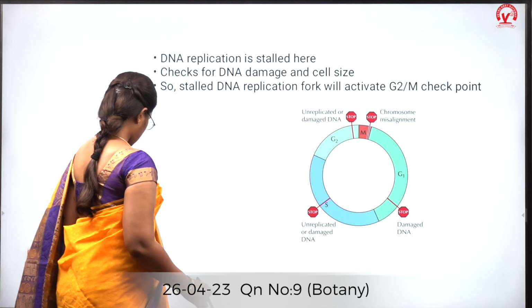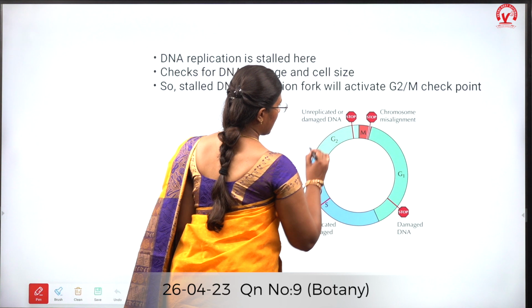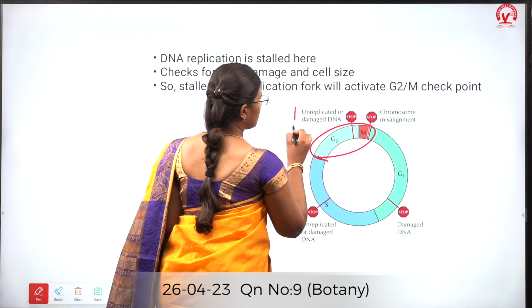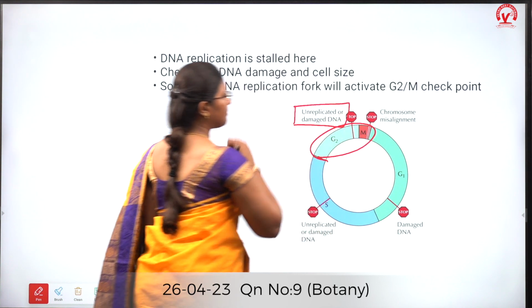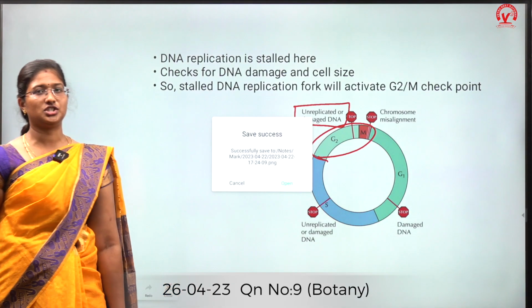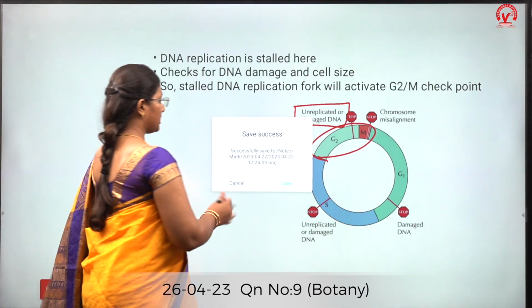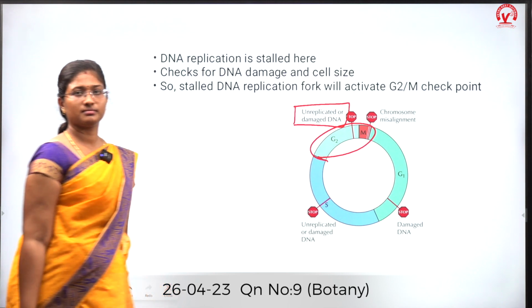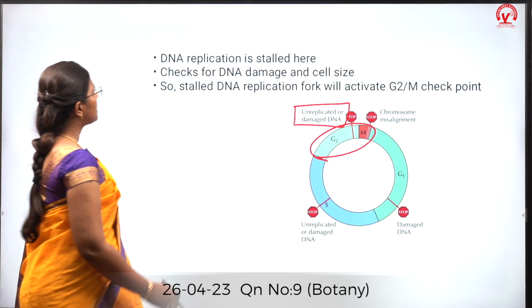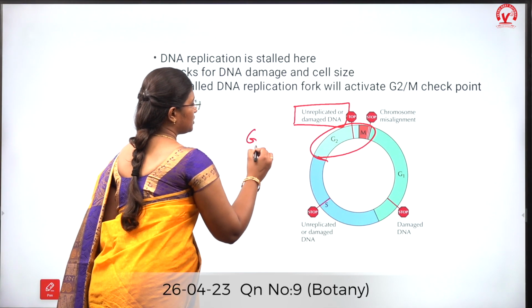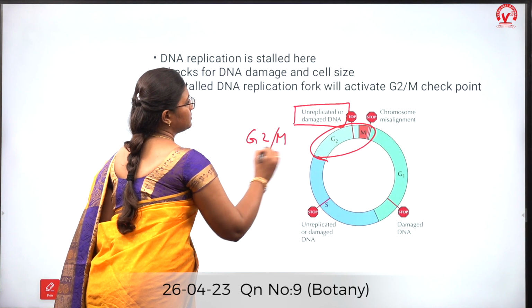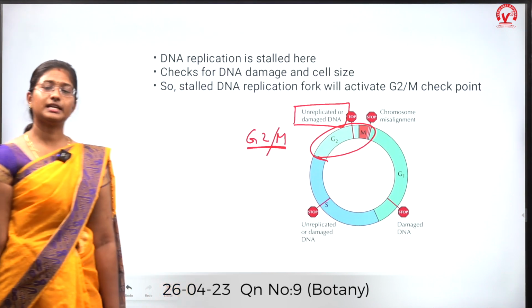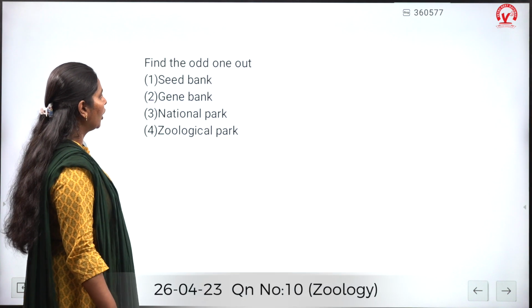It will be G2 and M. So if there is any unreplicated or damaged DNA, this checkpoint will ensure the repair. So the answer would be G2 or M checkpoint. Clear?